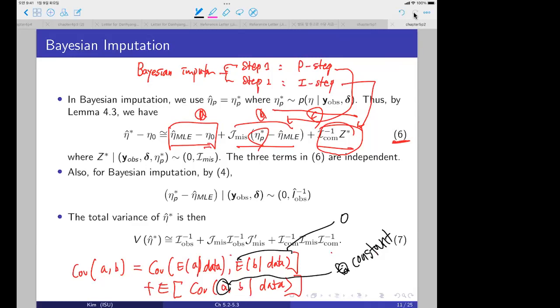So eta star P given data is eta hat MLE. Basically this guy conditional on the data is 0.